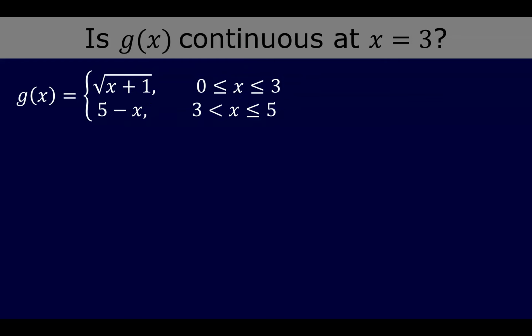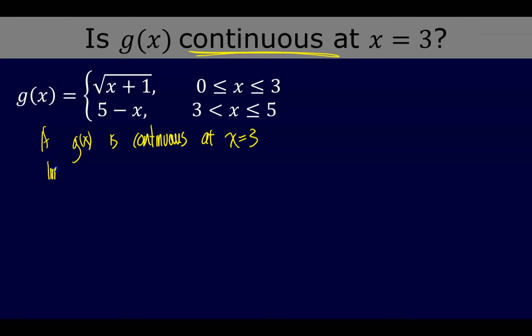Let's just do this algebraically before we worry about the sketch, or maybe this would help us make a sketch. So let's see, how do I want to start? I want to start with if g of x is continuous at x equals 3, and whenever I see a question like this, I'm always thinking the formal definition of continuity.